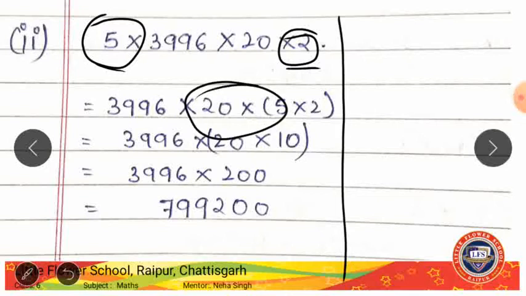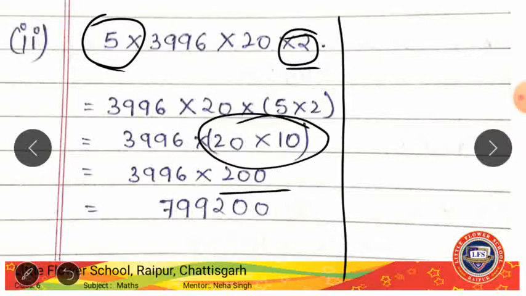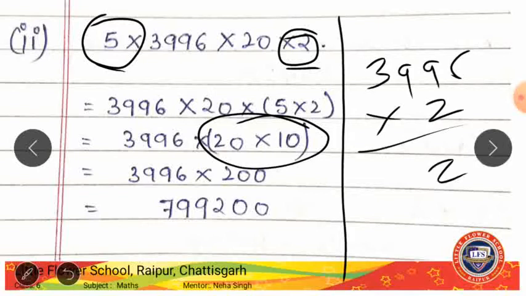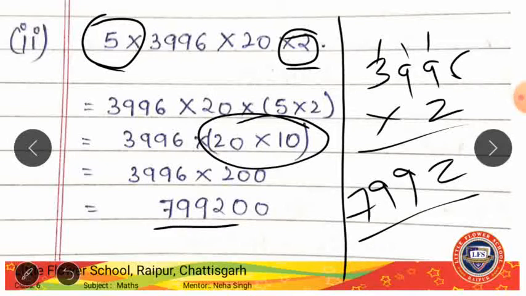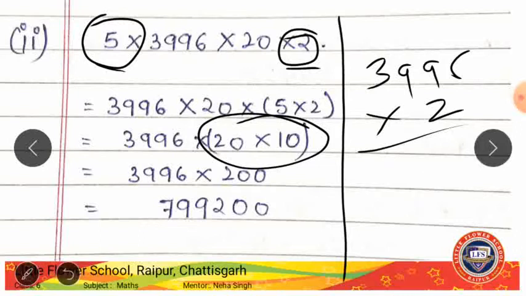Now 20 into 10 is 200. 3996 into 200, we can multiply 3996 into 2. 6 2s are 12, 9 2s are 18 and 1 is 19, 9 2s are 18 and 1 is 19, 3 2s are 6 and 1 is 7. Okay, so this is 7992 and these 2 zeros we can write here. Again the multiplication became much easier.